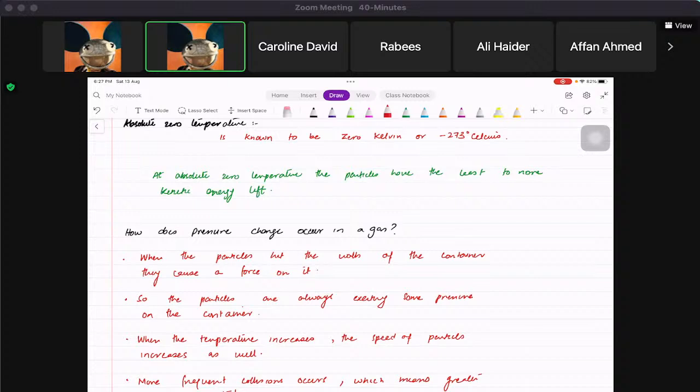So within that, temperature increases, the air particles collide, create more pressure, helps in faster cooking, no? Is it clear? Yes. All right.